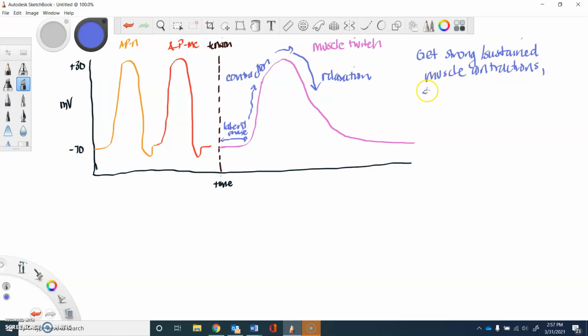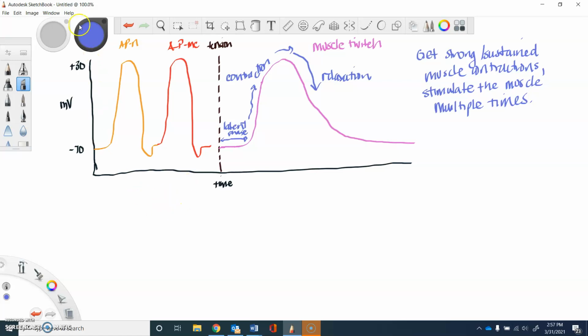We can stimulate the muscle multiple times, in effect, summing up those muscle twitches into a strong muscle contraction. Okay?